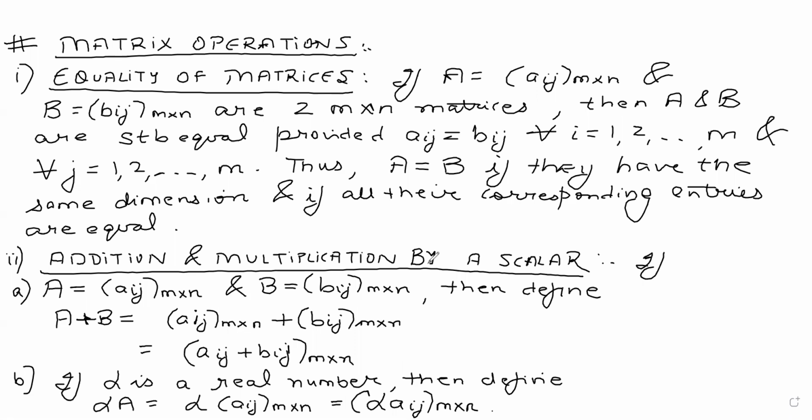Second, if alpha is a scalar, which is nothing but a real number, then alpha times A will be nothing but alpha times Aij, which is m cross n. That means if you are multiplying the matrix by a scalar, you are multiplying every element of that matrix by that scalar. So hoping all students have understood the first two operations. Erasing it off the screen, let's move forward.